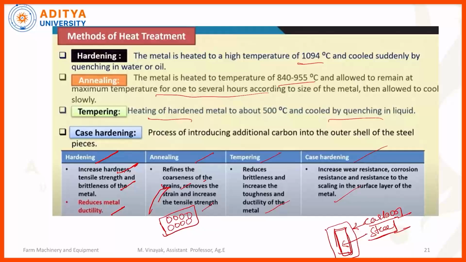Here the carbon cannot interact with the soil as well as water, so that's why the wear resistance will increase. Aluminum, carbon, and steel cannot easily corrode, because they have their own property.